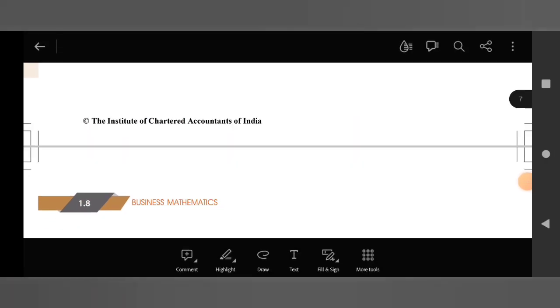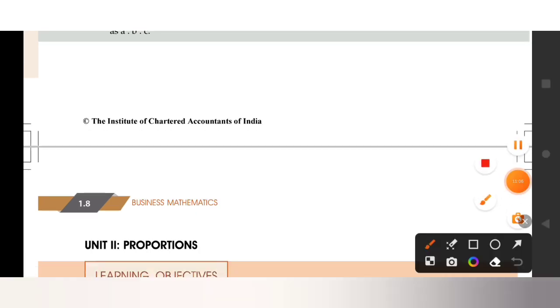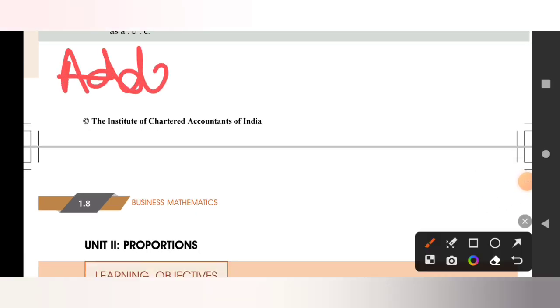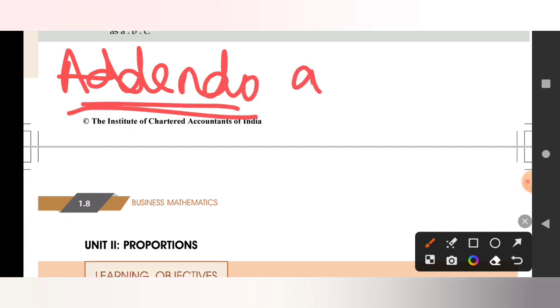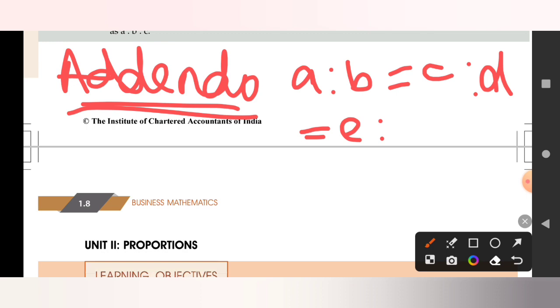What is the next property you're going to study? It is called addendo. Now you would say I've already added 1 on both the sides. So that is componendo. So what is addendo then? First things first. Addendo assumes that there are two or more ratios which are equal to each other.